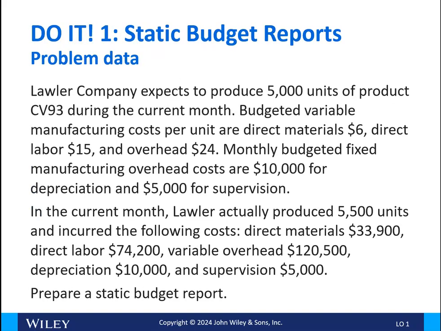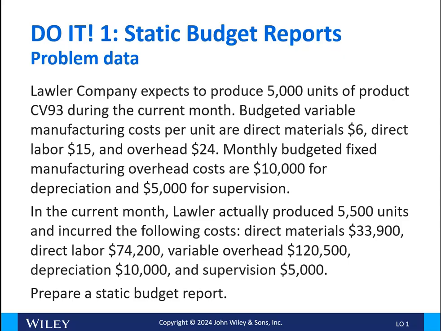So let's look at another problem here. Lawler Company expects to produce 5,000 units of a product, CV93, during the current month. Budgeted variable manufacturing costs per unit are direct materials $6, direct labor $15, overhead $24. Monthly budgeted fixed manufacturing overhead costs are $10,000 for depreciation and $5,000 for supervision.